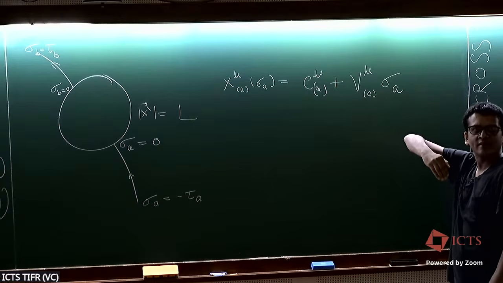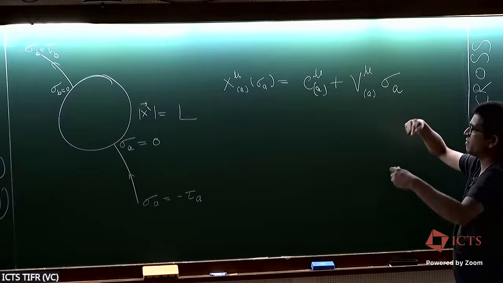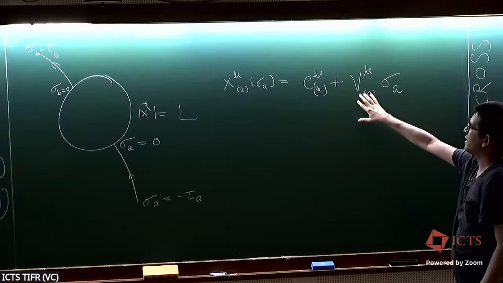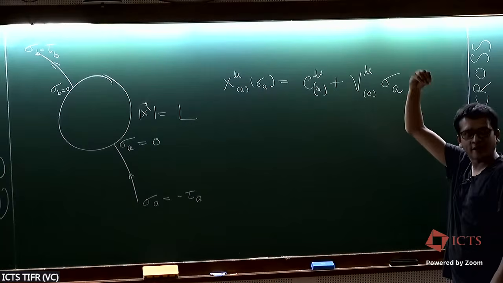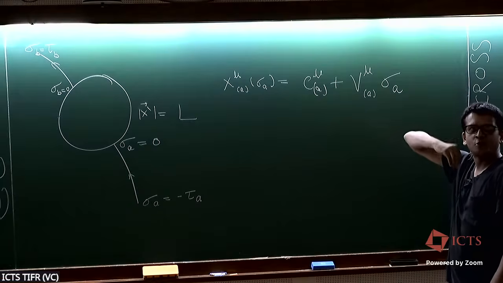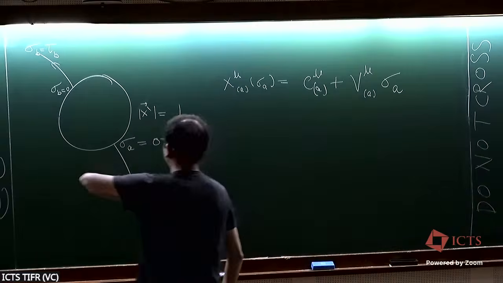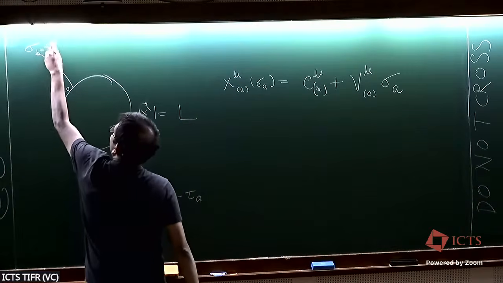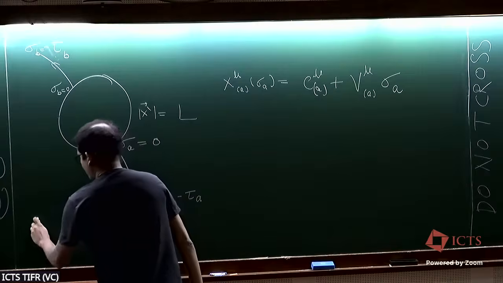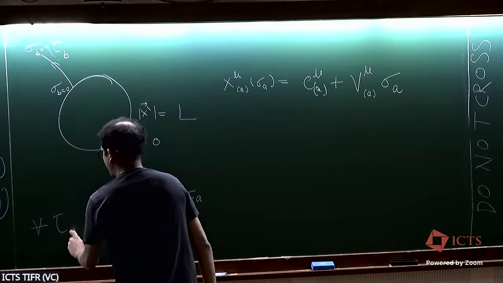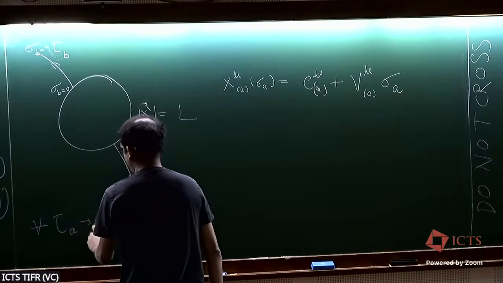Is this part clear? I can always assume that even for outgoing particles, all my momenta are negative, but tau A is always going to minus infinity. So I can always choose this such that all tau A go to, we should understand, minus infinity.